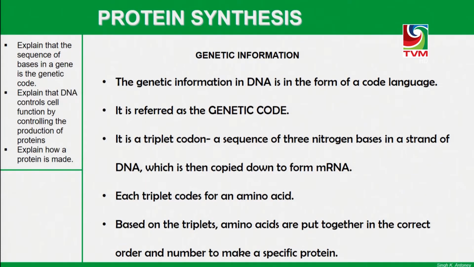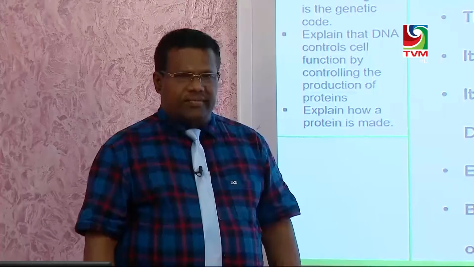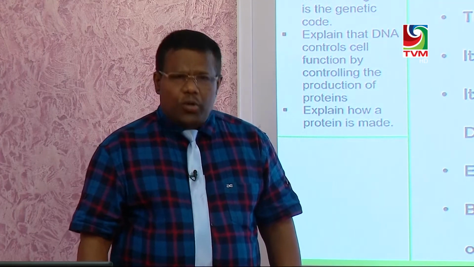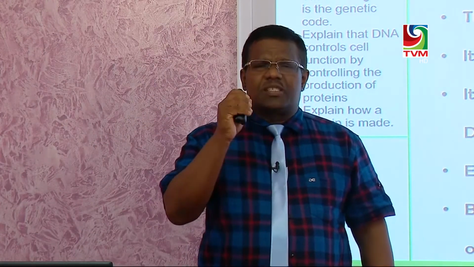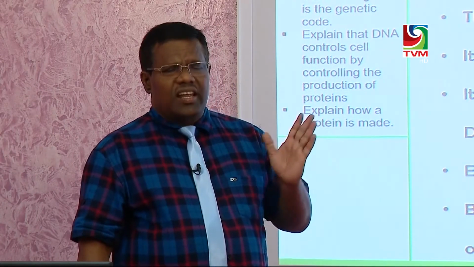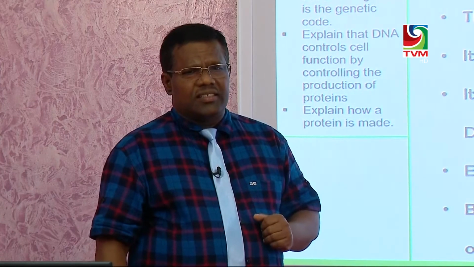And what does this triplet codon code for? The triplet codon codes for an amino acid. Each triplet is coding for an amino acid during protein synthesis. For example, insulin. Insulin is a hormone, but chemically it is a protein. And insulin is made up of 51 amino acids arranged in a particular order.